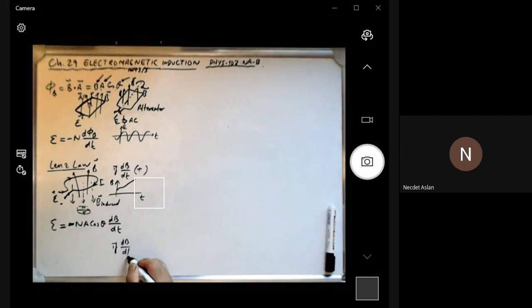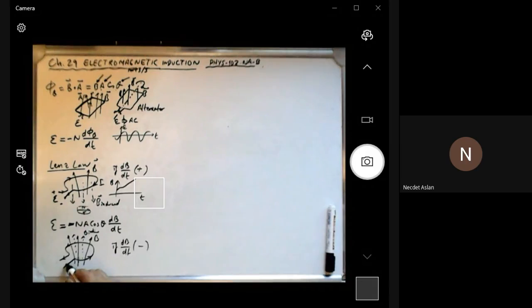But if dB over dt is negative, it means that the magnetic field is reducing, but the direction is the same. Then the induced magnetic field will be just opposite to the original case. To accommodate this negative change, the induced magnetic field now will be in the same direction as the magnetic field, and the current will be in the opposite direction.